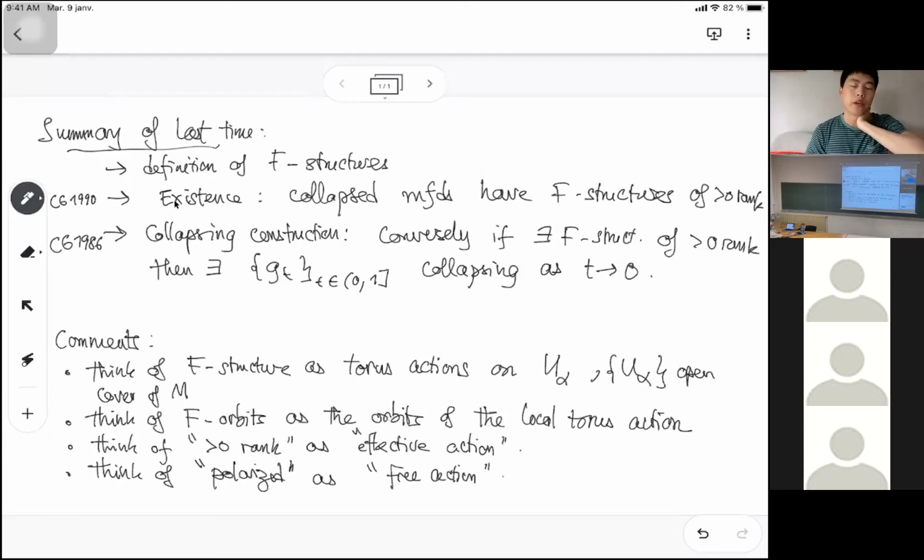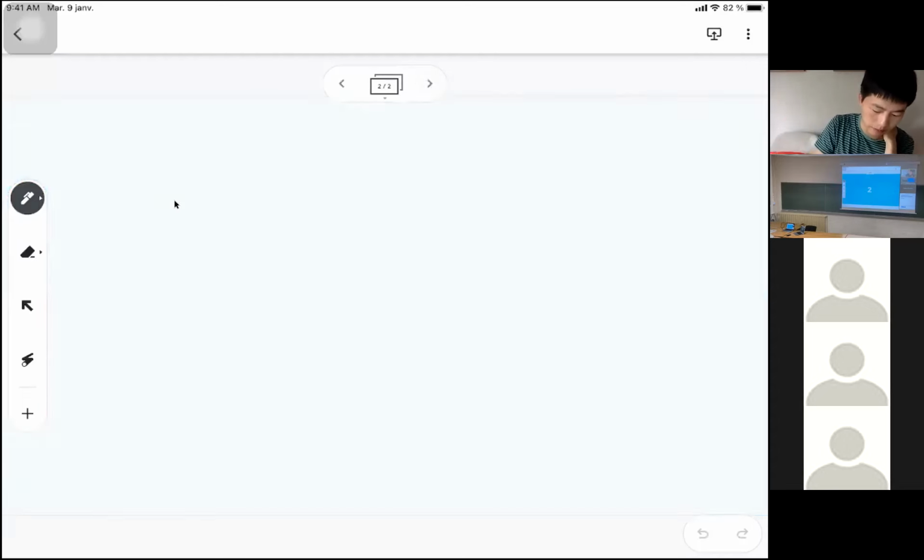Moreover, once you have an F structure on, say, your manifold M, then that divides up your manifold into F orbits. And those orbits are a finite quotient of tori. Okay, so let me write this down.